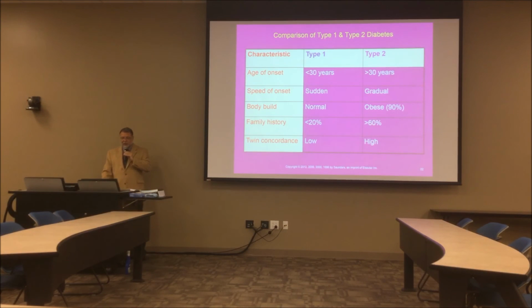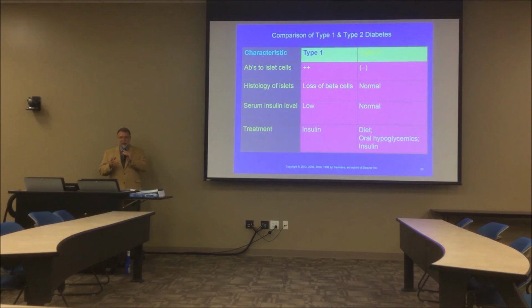So again, type 1, type 2, you have these tables, go over them slowly and understand the differences in gender, lifestyle, age, and family history.